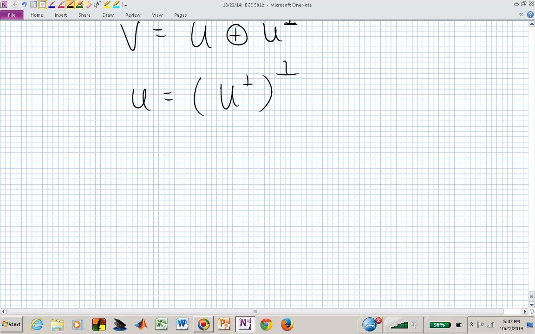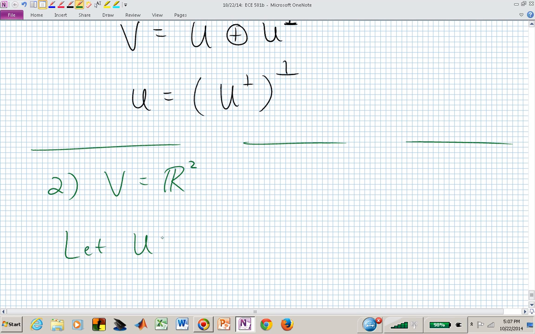What about a second example? Suppose that V again is R2, but suppose that U is just this vector, 3, 0. It's not the real line, it's just a vector, 3, 0.